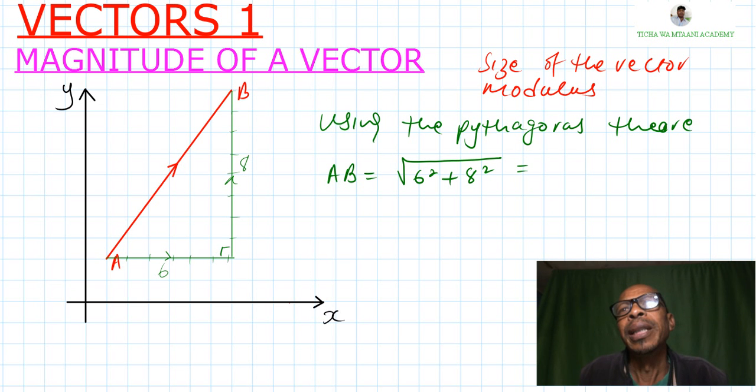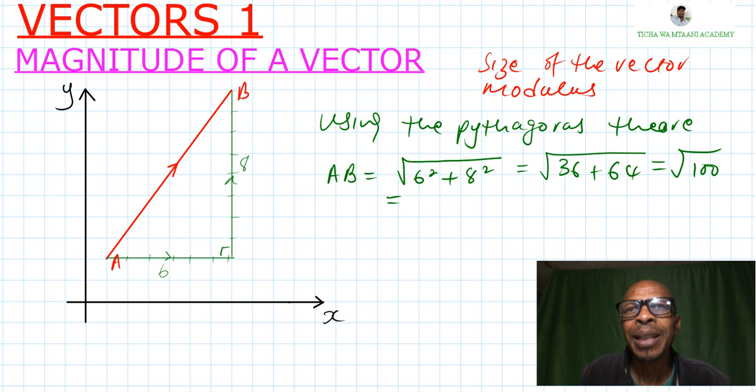That is the square root of 36 plus 64, which is the square root of 100, which is equal to 10. So AB is 10 units.